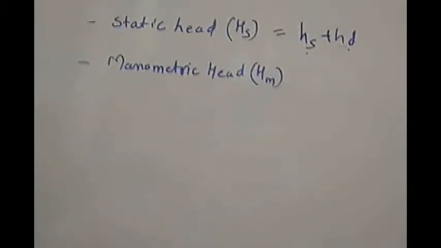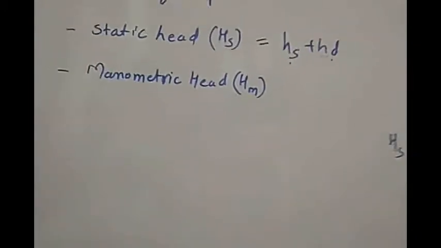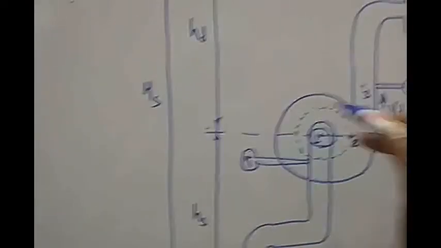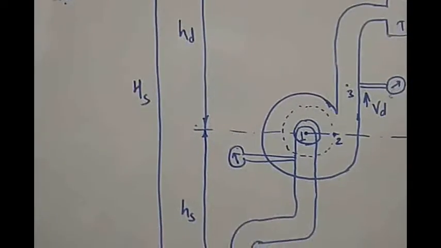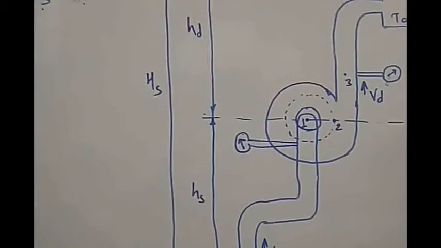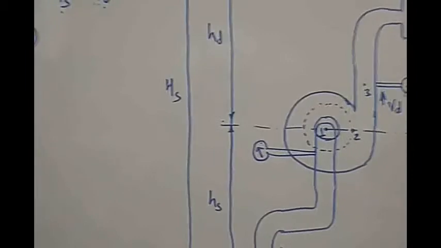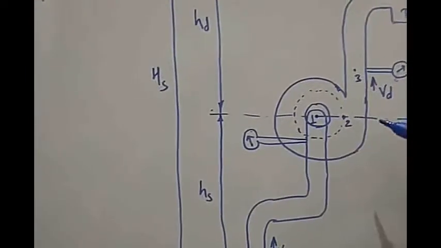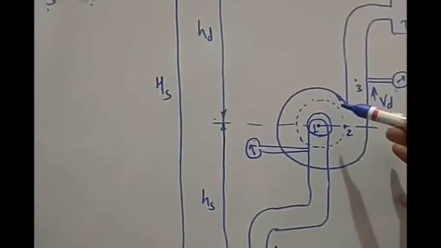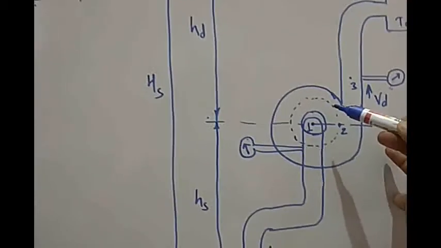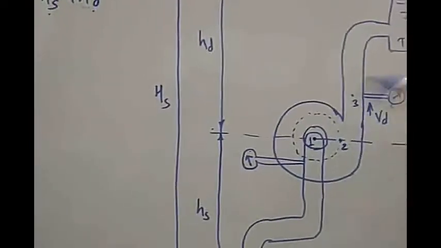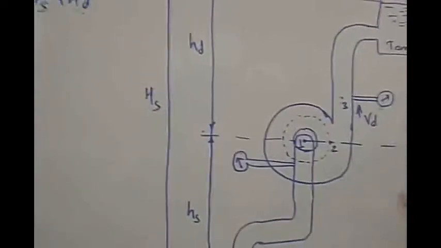If there are no losses in the impeller as well as in the casing, then the manometric head will be equal to the energy given to the liquid by the impeller, or else we can say that the manometric head is nothing but the work done by the impeller on the liquid.